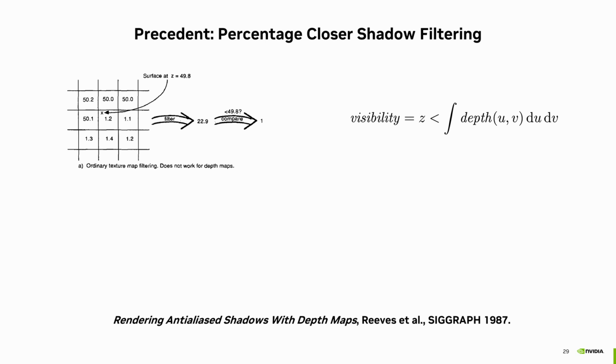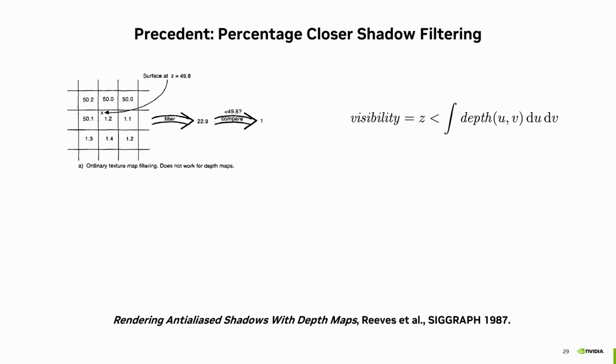Reeves et al. made a similar observation 3 years later in Rendering Anti-Aliased Shadows with Depth Maps, where they introduced the concept of percentage closer shadow filtering. They demonstrate that one cannot filter or average different depth values and then compare them with a shaded point depth value. Those averaged and interpolated depths are nonsensical. They don't correspond to any object in the scene.